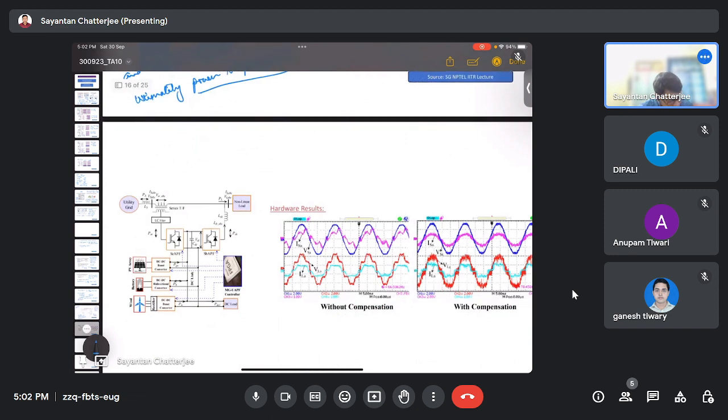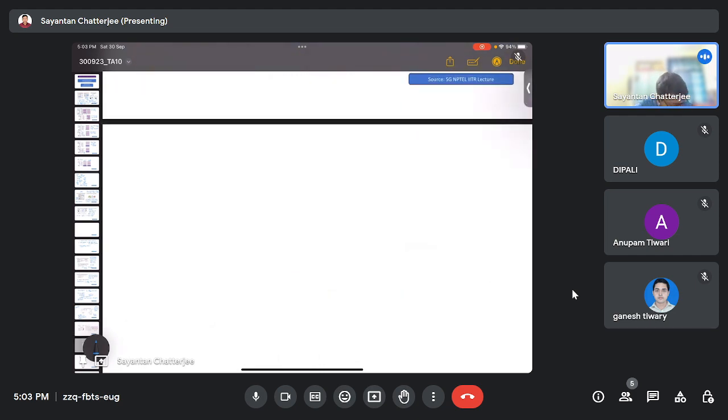So what we can observe here are some results, but before that, to understand the causes of harmonics that can be introduced in the system: uneven switching, nonlinear operation, AC or DC drives.